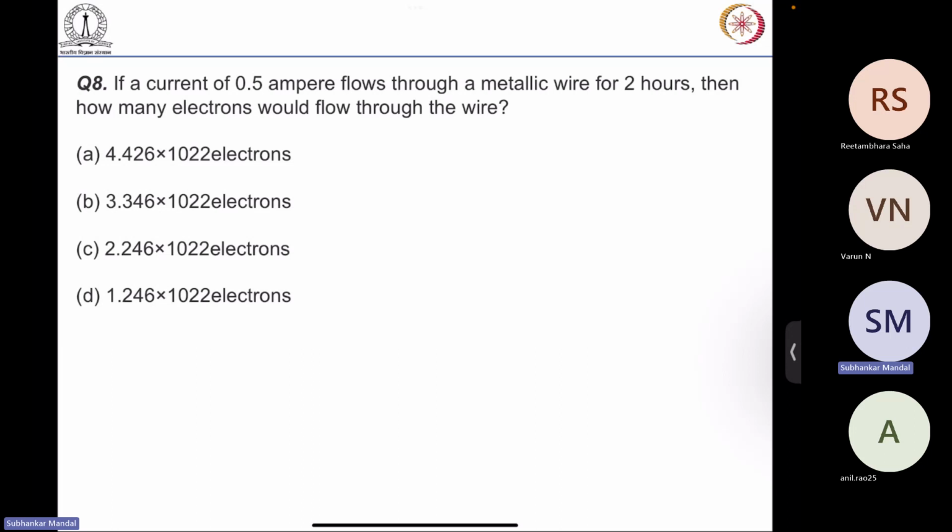If a current of 0.5 ampere flows through a metallic wire for 2 hours, then how many electrons would flow through the wire? So there are 4 options. How can we proceed with this problem?